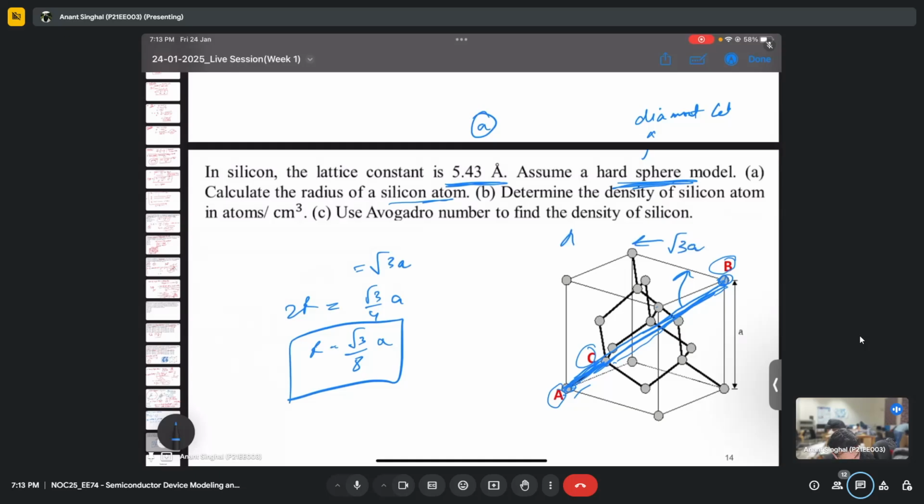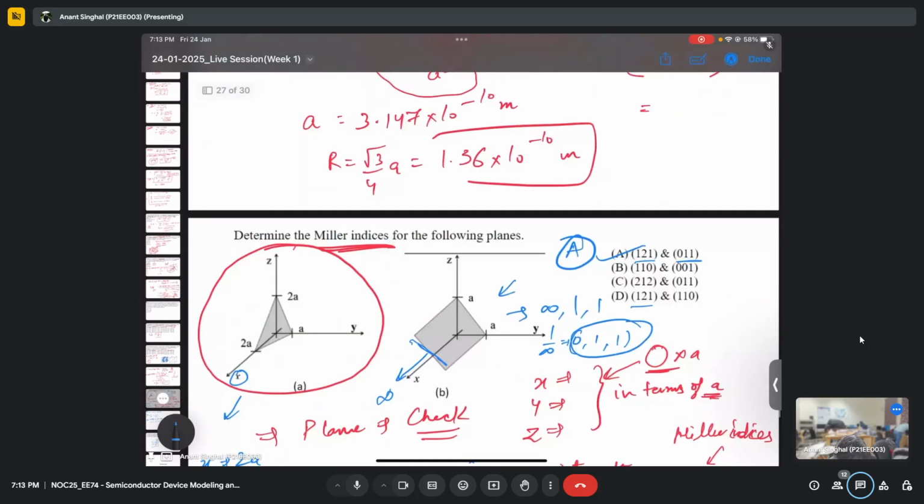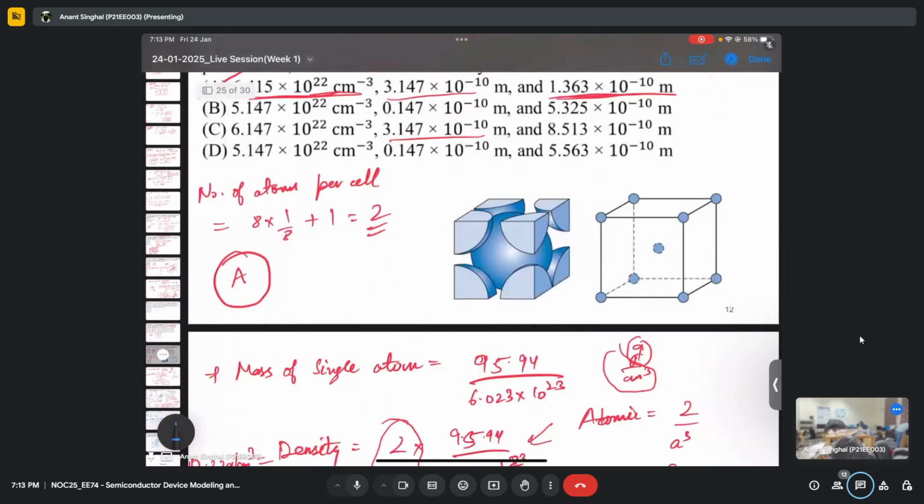This is the difference between AB, and the difference between AC, that is the corner from the face, comes out to be root 3 by 4 A. If you see very closely, this is R, this radius, and there is one more R if you go till the center.